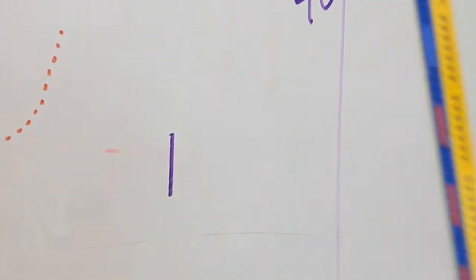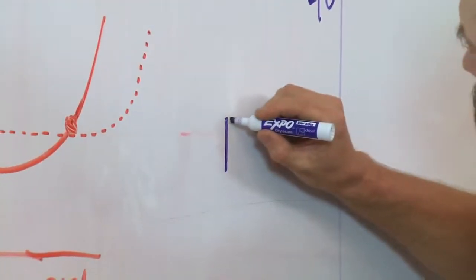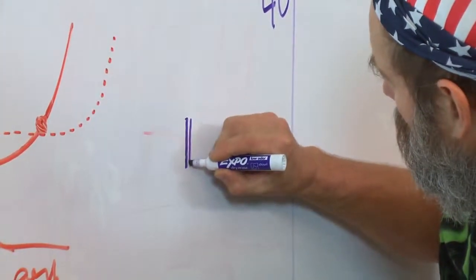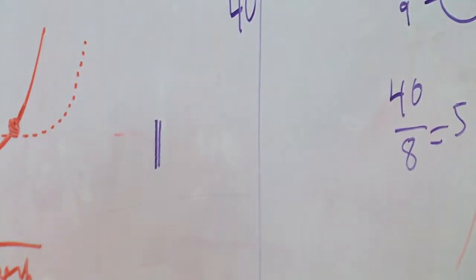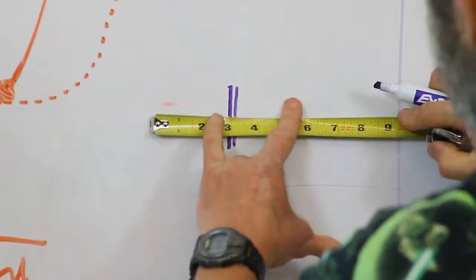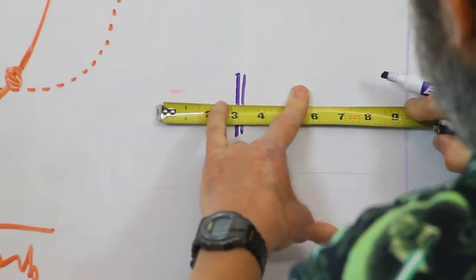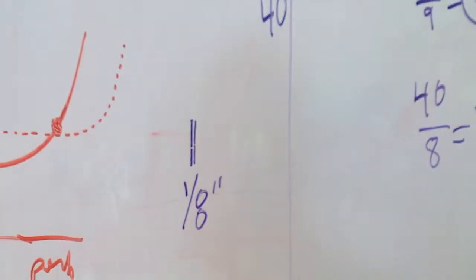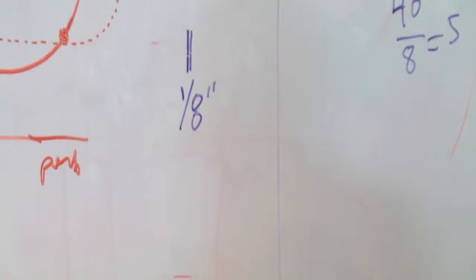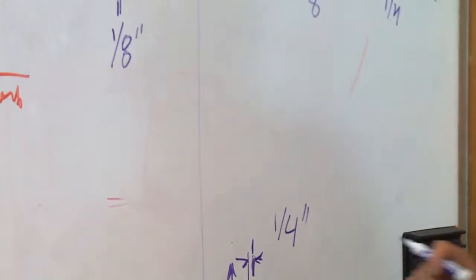And that distance here is about like that. Well, let's measure that. About 1/8 of an inch. And I had that error on both sides. Is that right? Somewhere around there.